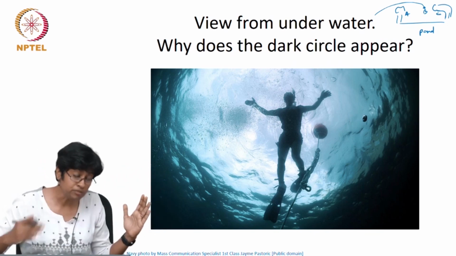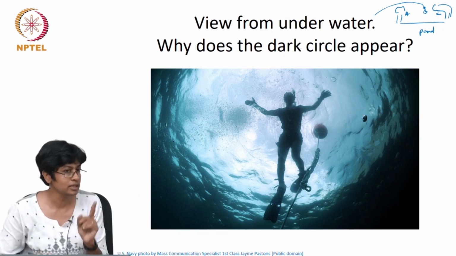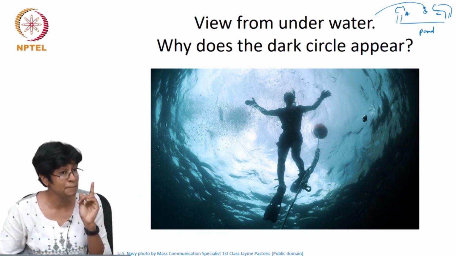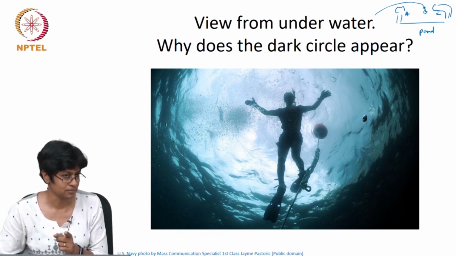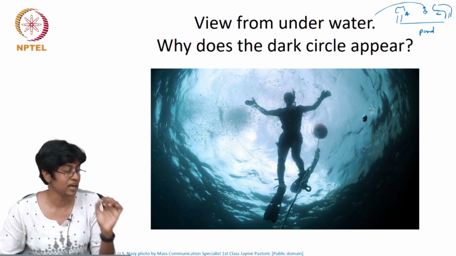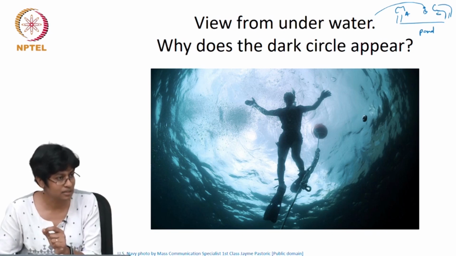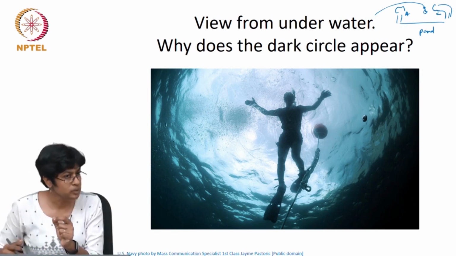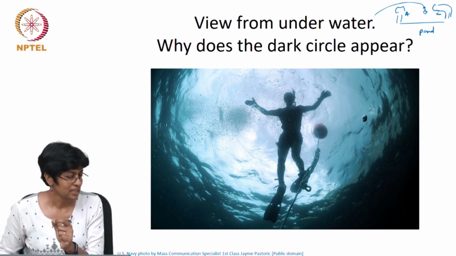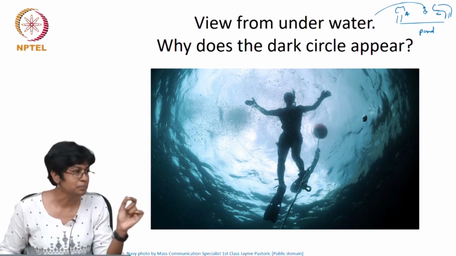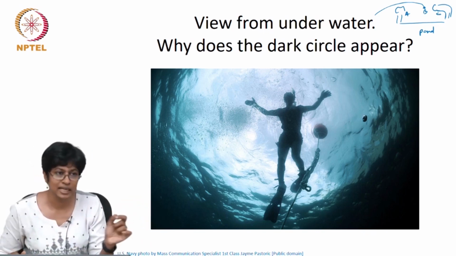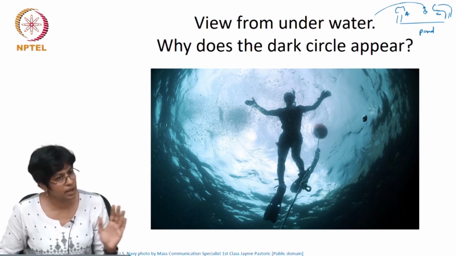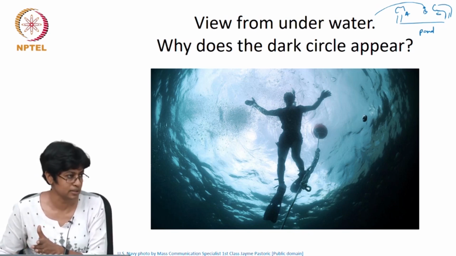So the amount of light coming in, remember Snell's law doesn't tell you anything about the magnitude of the light coming in. It just tells you the angle. If light is coming in at a certain angle, this is the angle with which it will refract. It does not say that 100% of the light refracts, or 90%. Snell's law doesn't tell you that. You have to go back to Maxwell's equations to get that.